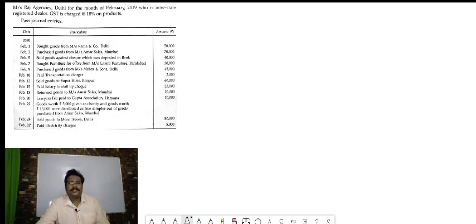But when the transactions are done between two states or more than two states, then the transaction will be considered as IGST, Integrated Goods and Services Tax. So this is a question with a combination of CGST, SGST and IGST.